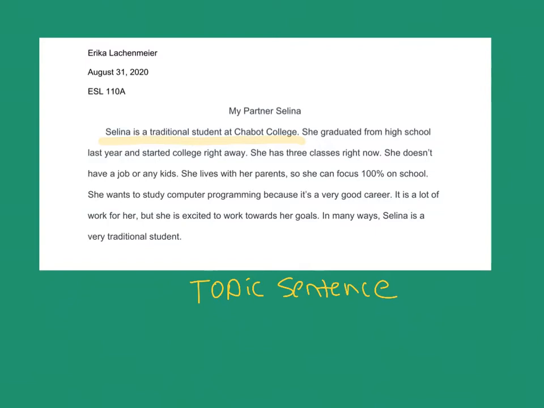A topic sentence is the first sentence in a paragraph. Now notice the word sentence. So that means it has a capital, it has a period, it has a subject, and it has a verb. So it has to be a complete sentence.